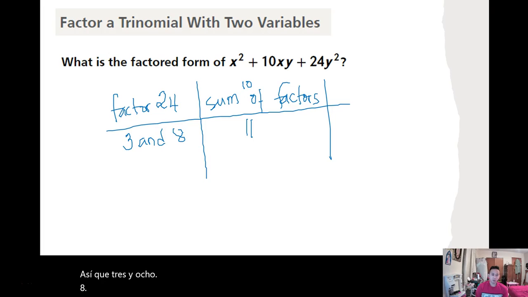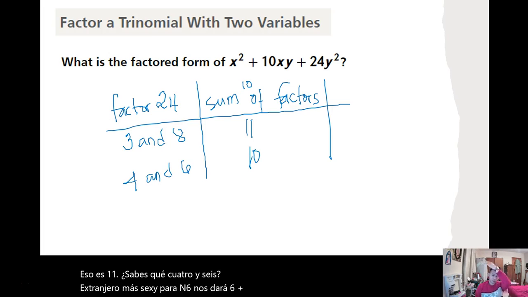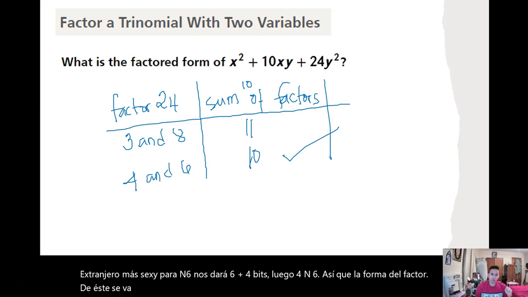No. How about 4 and 6? 4 and 6 will give us 6 plus 4, that's 10. So we will be using 4 and 6 as the factors of 24. When we add them, it will give you the middle term, which is 10.